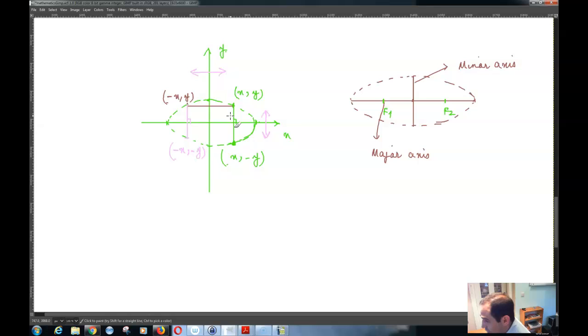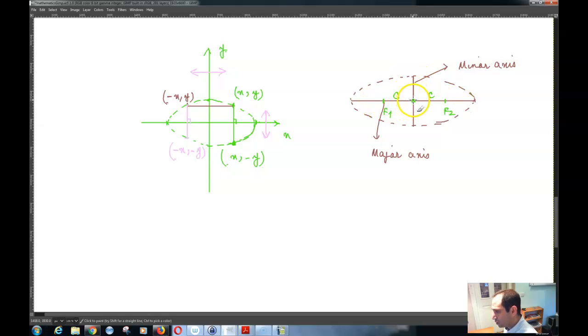Well, I was talking about this because I wanted to tell you about some conventions that are usually used with these ellipses. Basically, the two foci are at the exact same distance from the center, meaning that if I take this distance as c, this distance is also going to be equal to c.